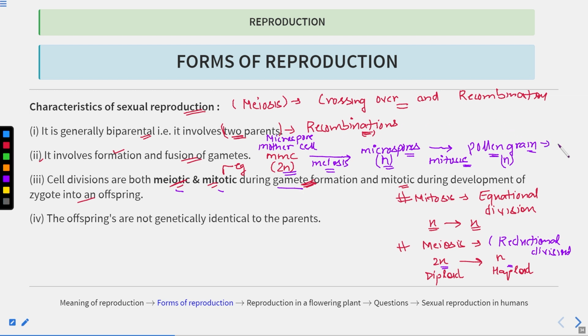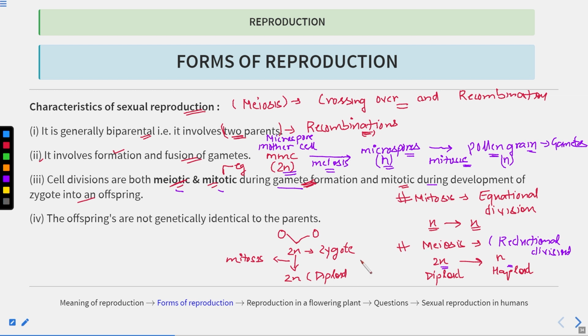Pollen grain will form the gametes. And they are only mitotic during the development of the zygote. So what is happening? These are the two gametes, they fertilize and they form the diploid zygote, and this diploid zygote will undergo mitosis and form the diploid individual.